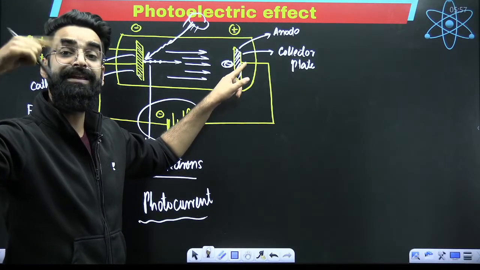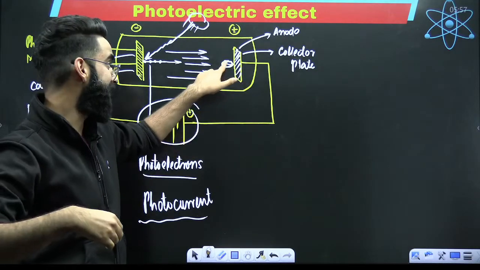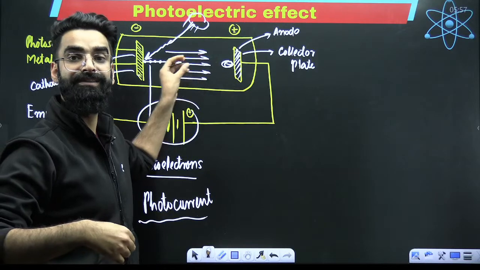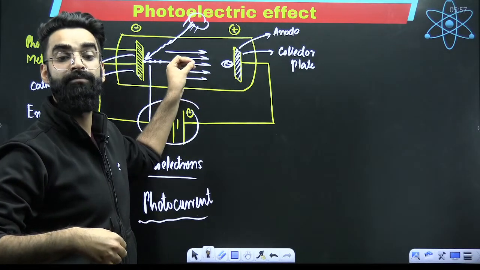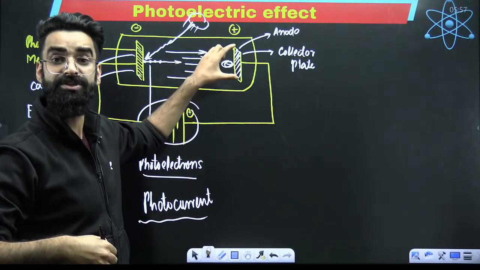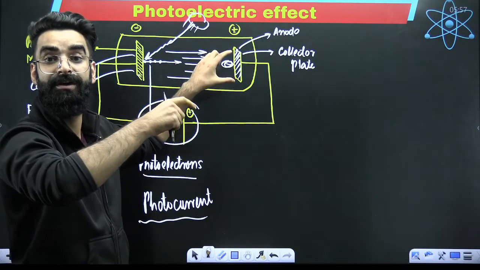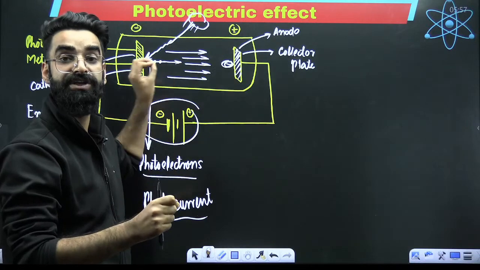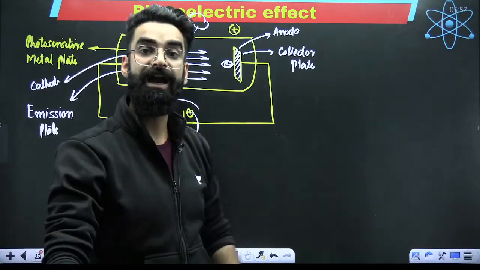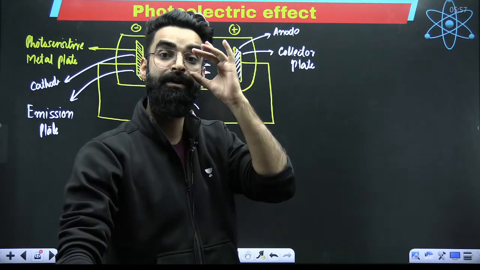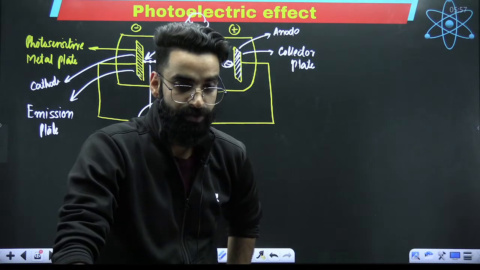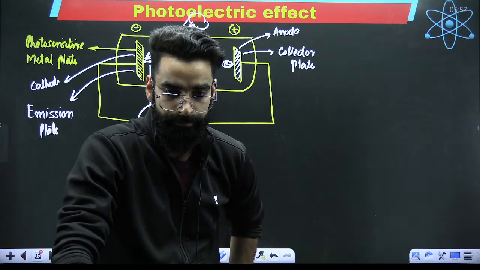On continuously increasing the voltage, the intensity of negative charge on the plate will keep on increasing. The electrons which were coming in this direction will keep on experiencing more and more repulsions. There will be a reverse voltage at which the most energetic electron will also stop. And that voltage at which the most energetic electron will stop is what you call the stopping potential.